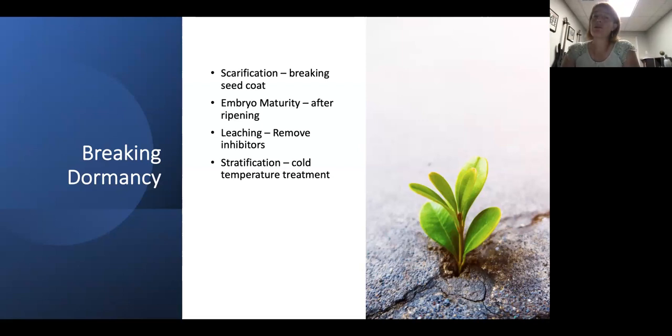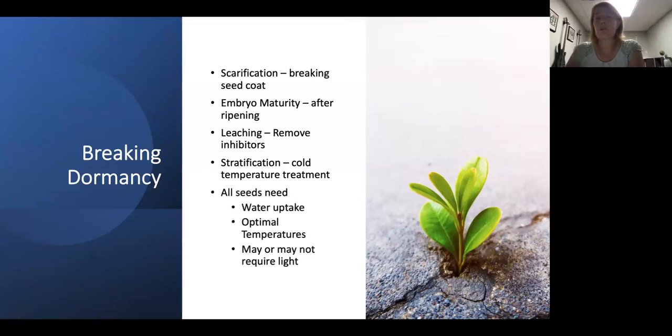Stratification, which is a cold temperature treatment, and that is going to be more of an endogenous thing. So scarification and leaching are related to mechanical dormancy. Embryo maturity and stratification are related to endogenous dormancy.